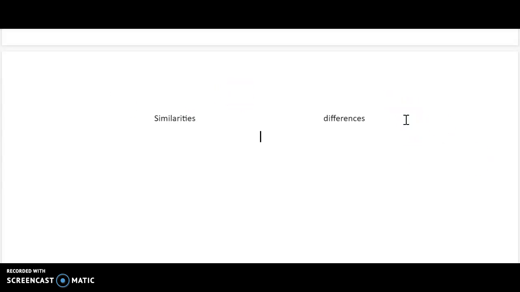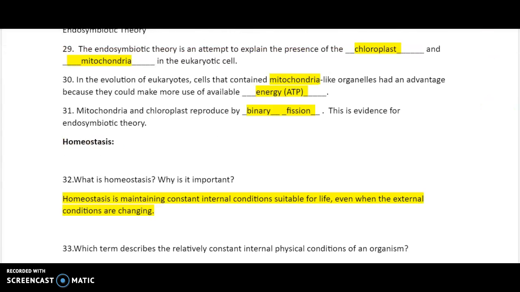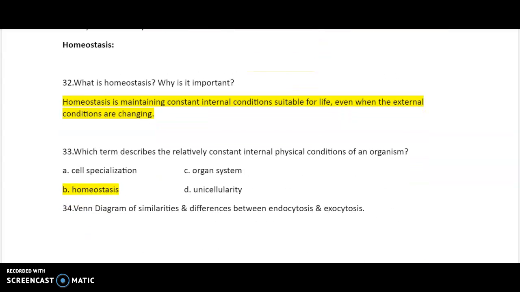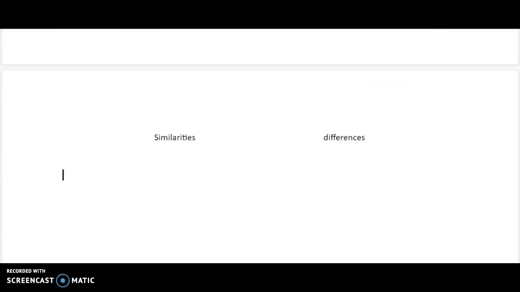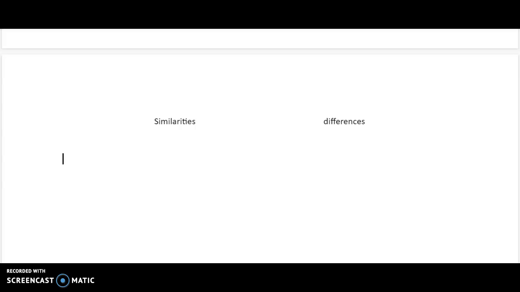Similarities between endocytosis and exocytosis: both are transporting molecules into or out of the cell. We'll just put both are transporting molecules.